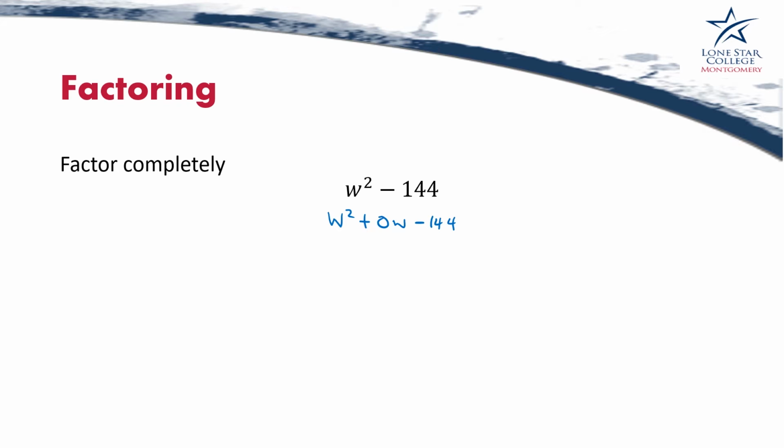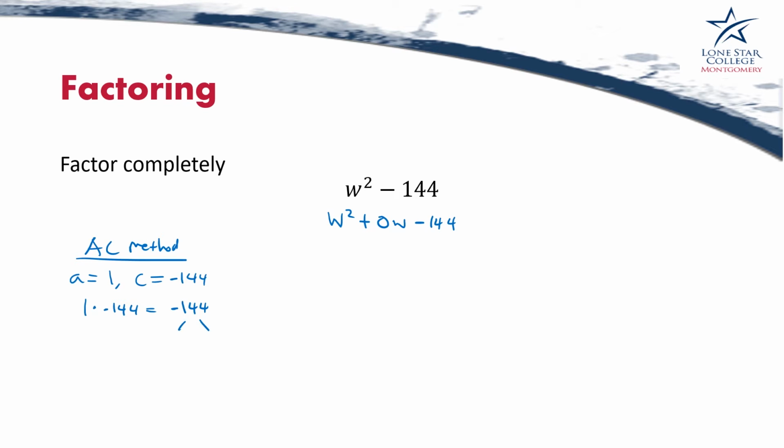Now looking at this, let's use the AC method. So our a would be the coefficient in front of the w squared, which is 1. C would be negative 144. Now we multiply them. That gets you negative 144.